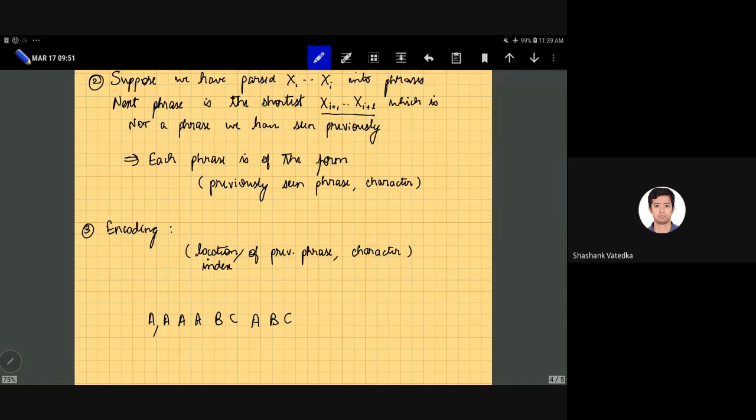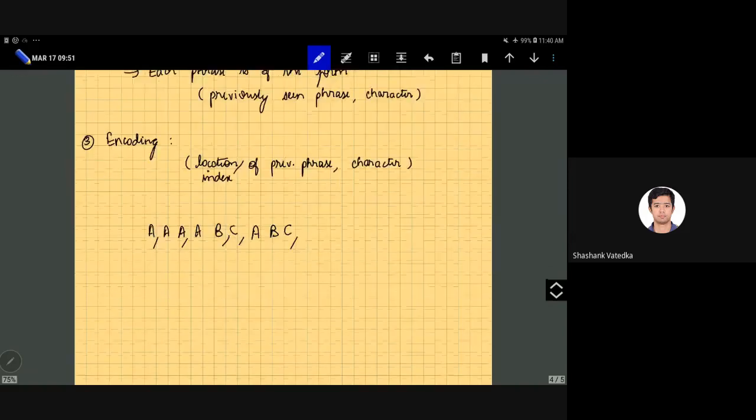Any guesses? What is the next phrase? It's AA, right? Because AA is the shortest phrase that we have not seen before. What is the next phrase? AB. Good. What is the next phrase? C. Right. What is the next phrase? ABC. Good.